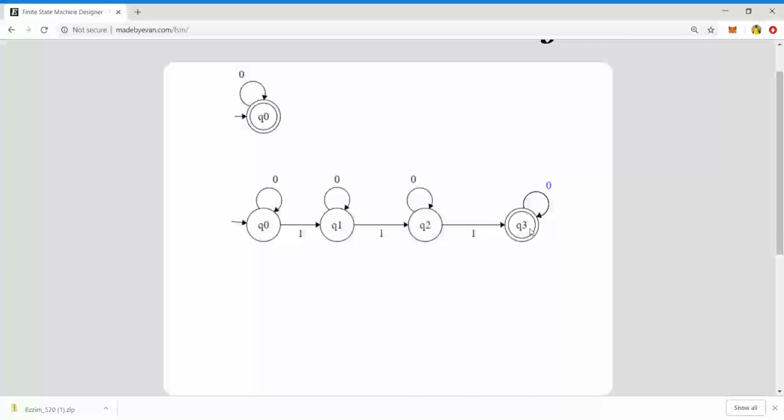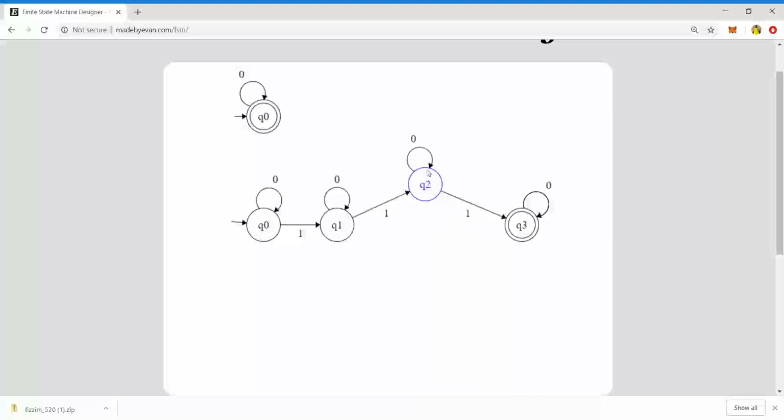After you get the first group of ones, there may be more ones, right? So you need to take care of all numbers of ones such that the valid string will be accepted by this finite automata, right? So here what we need to do is add a transition.